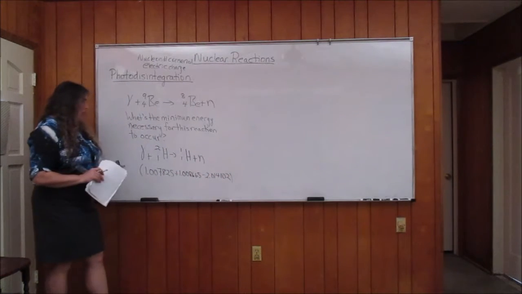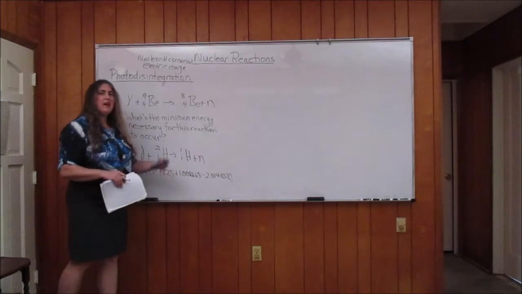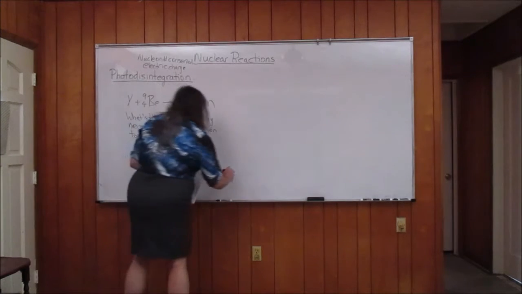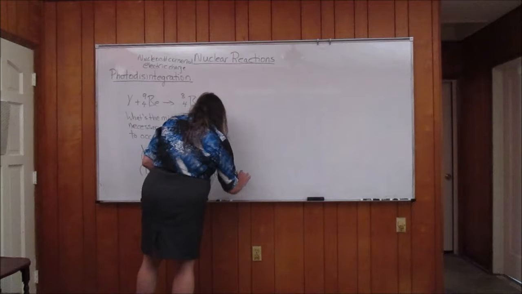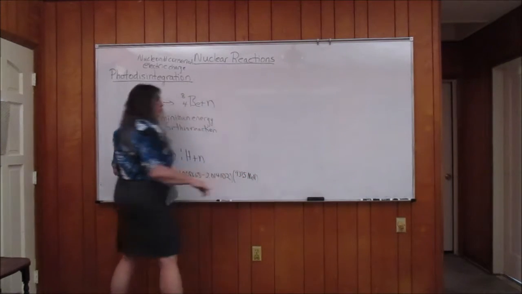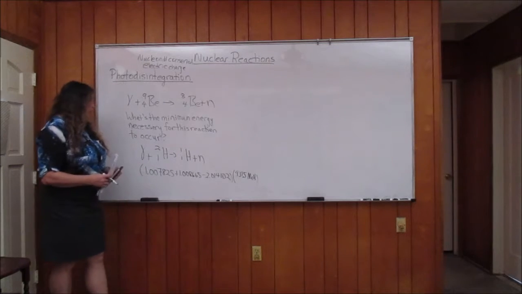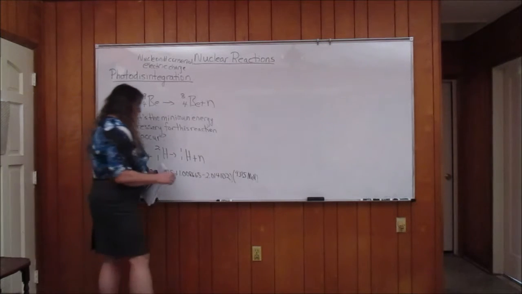All of these are in atomic mass units, and we need to multiply by 931.5 mega electron volts to convert from atomic mass units to mega electron volts.